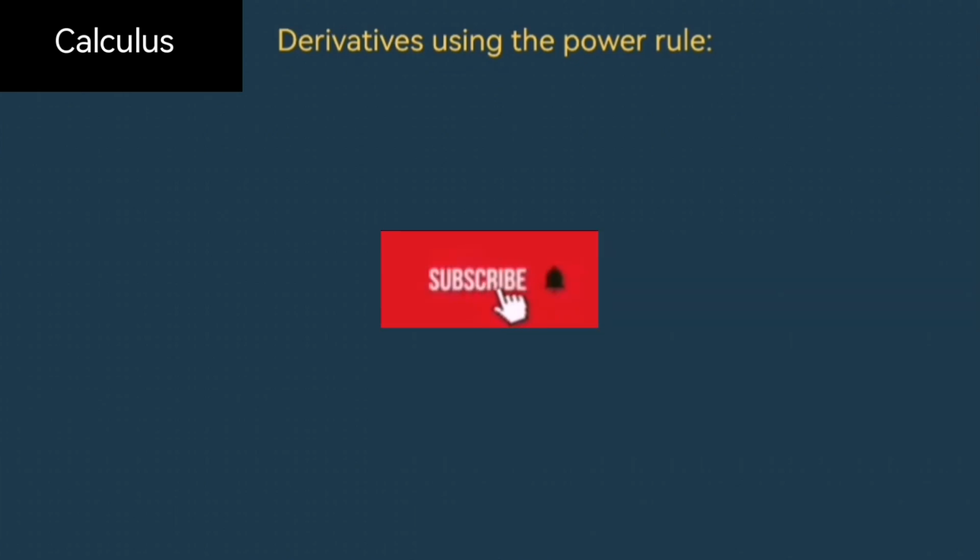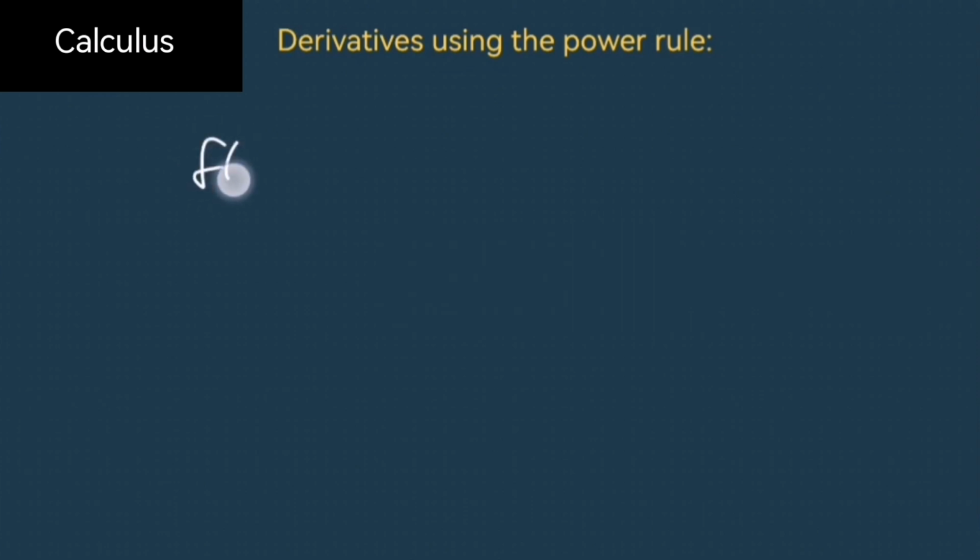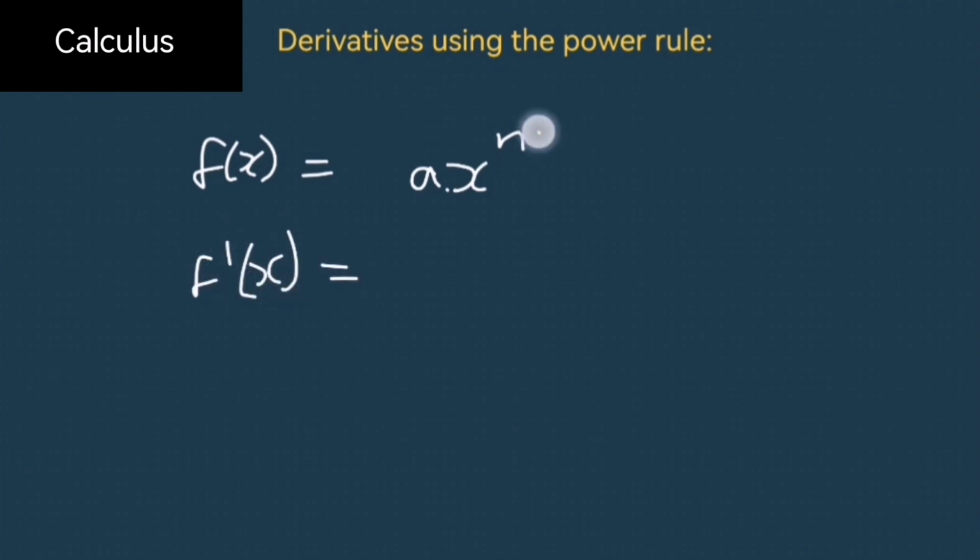In this video we're having another look at derivatives, but this time it's using the power rule. So this is how the power rule works. If you have a function, perhaps a coefficient of a times x to the power of n, then the derivative of this function would be if you take the exponent n, multiply it by the coefficient a, and then decrease that exponent by 1.